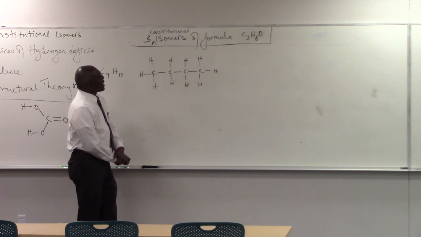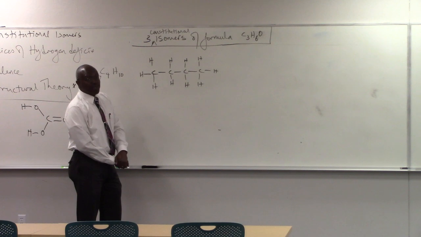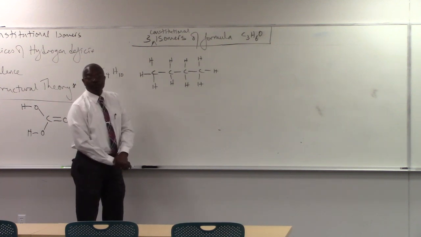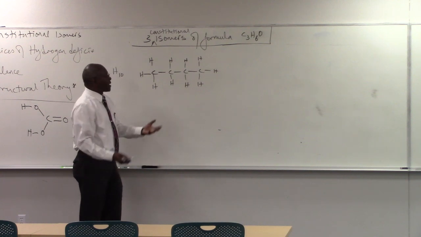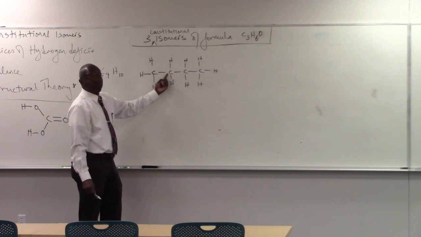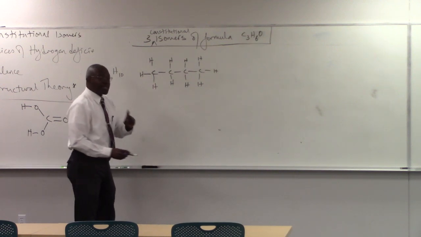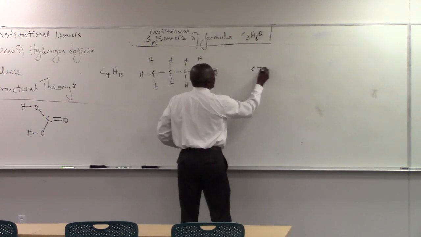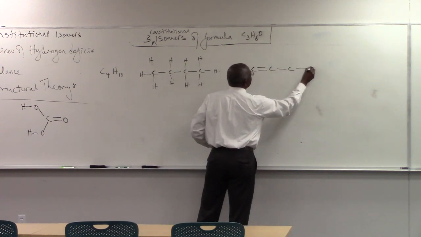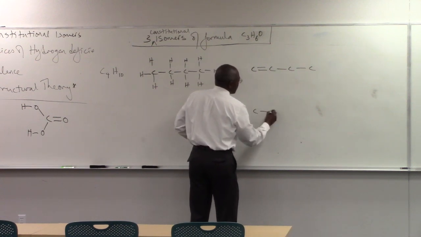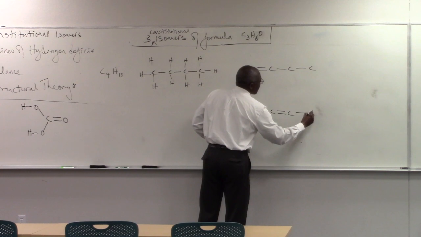Okay. I'm going to ask the question, what would happen to my formula if I stuck a double bond between a pair of carbons? I don't care which pair. Let's take a double bond between carbon 1 and 2. So I'm going to redraw my skeleton, but now I'm going to put a double bond between carbon 1 and 2. And for that matter, what if it was carbon 2 and 3? It doesn't really matter.